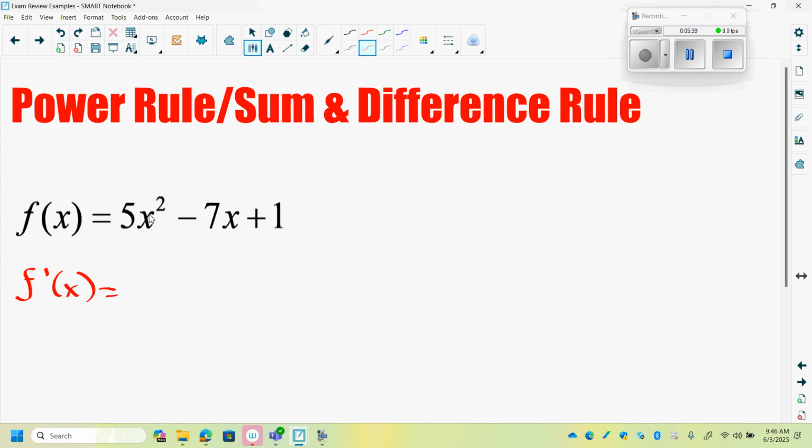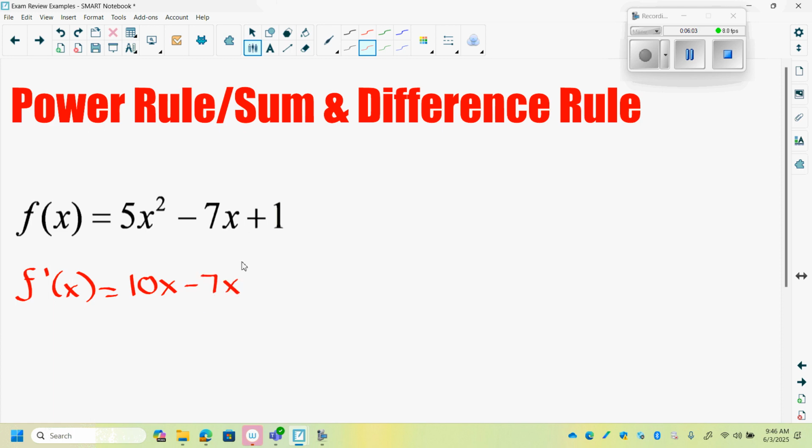What's the derivative of 5x squared? 10x to the first. Excuse me. 2 times 5 is 10. X to the subtract 1 from the original exponent. What happens here? What's the exponent on this x? 1. So I could go 1 times negative 7. Negative 7.